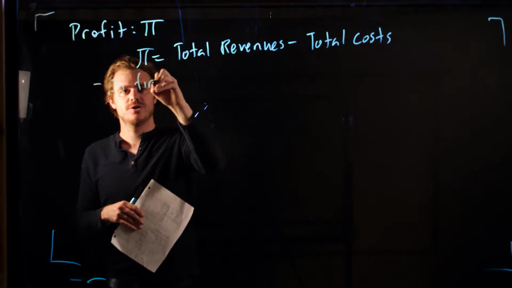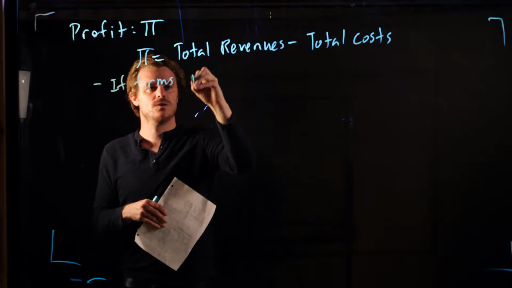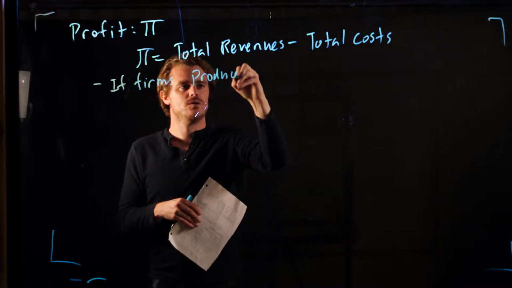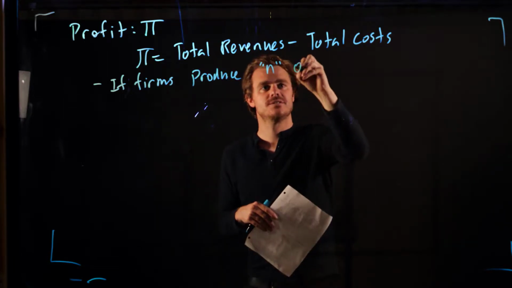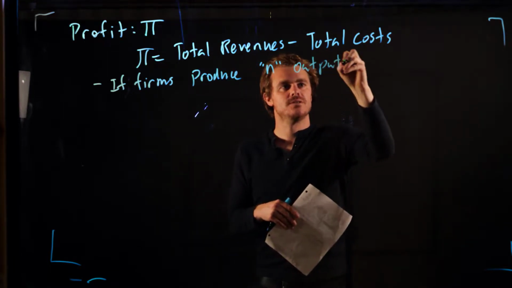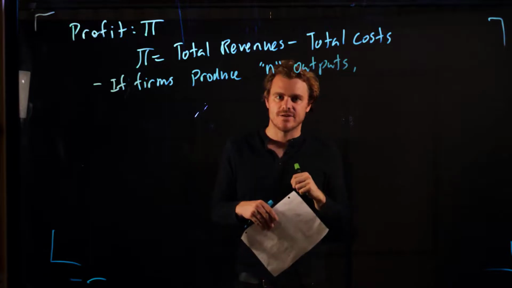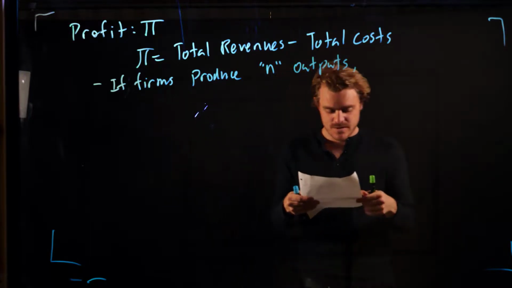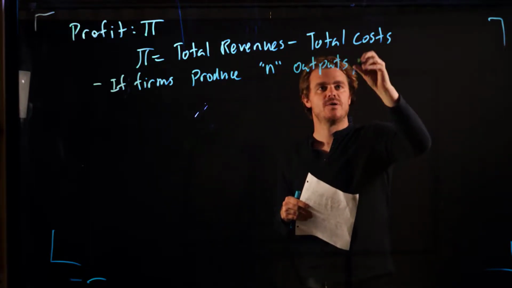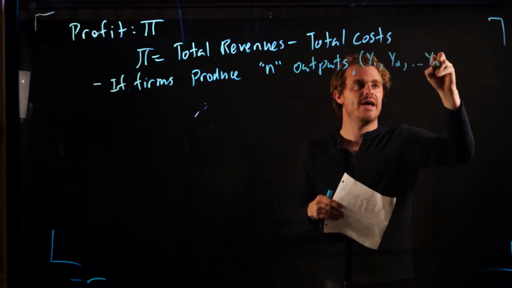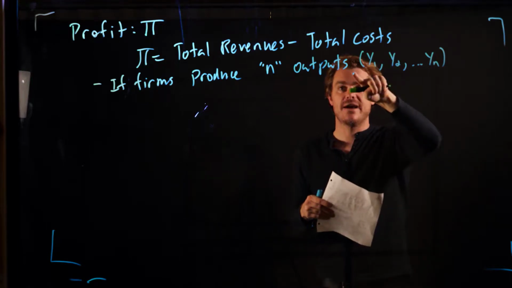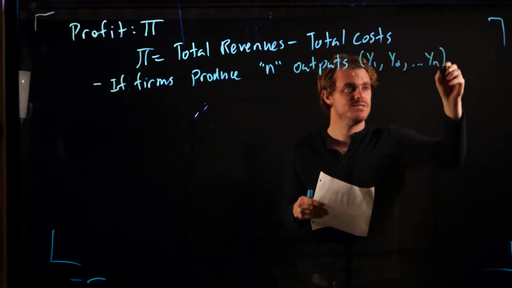So if firms produce n different kinds of outputs, so n outputs, so these are like different products that they're making, we might represent that by y1, y2, yn. So there's n different kinds of outputs that this firm produces.